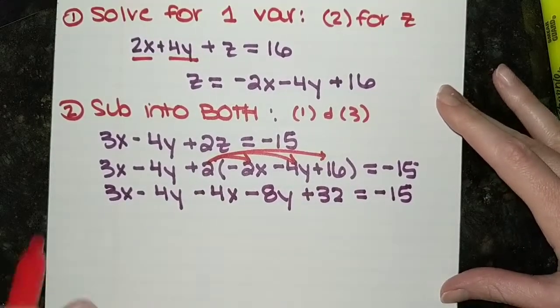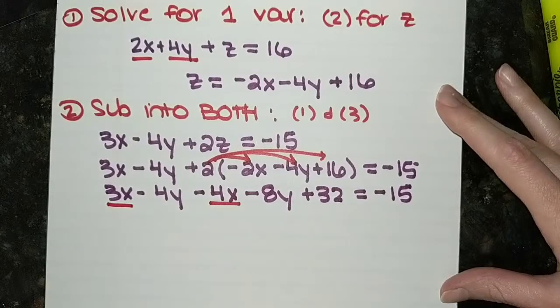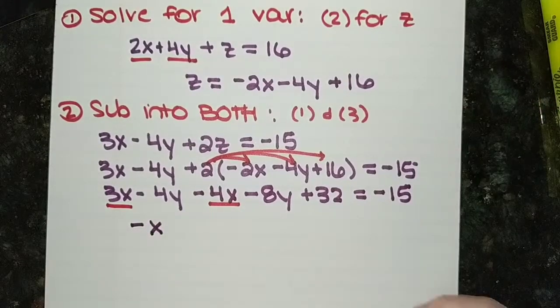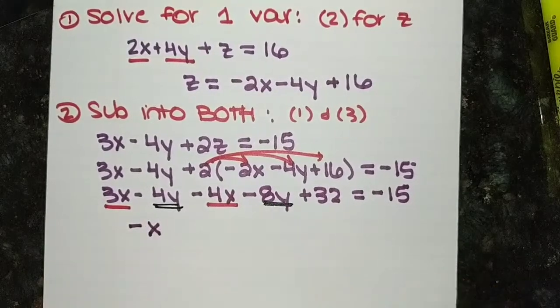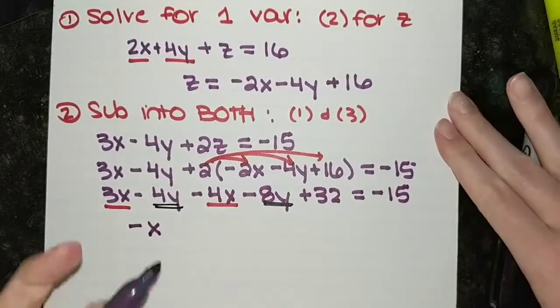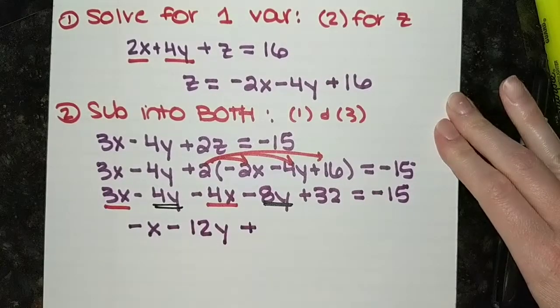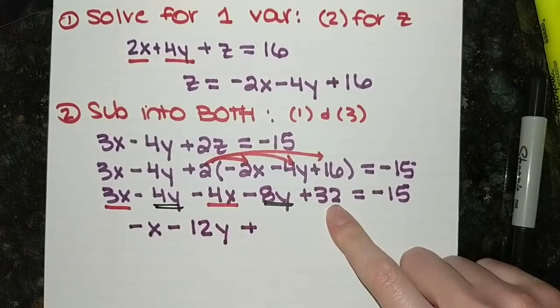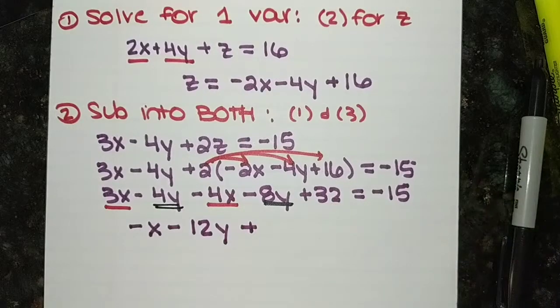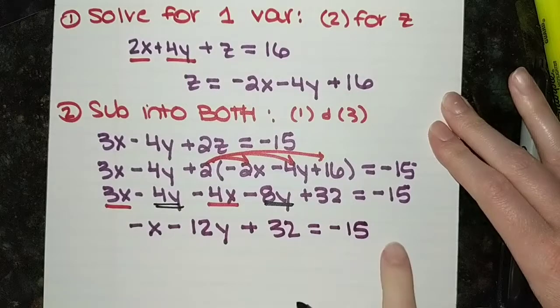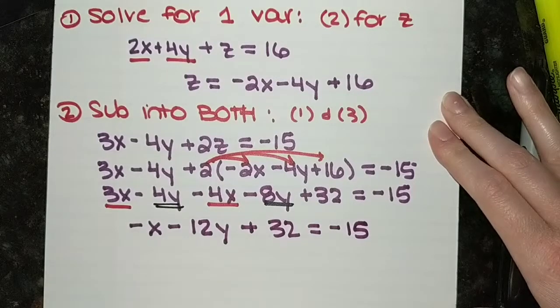You'll notice you have a 3x and a negative 4x, so that gives us negative x. And then we also have negative 4y and negative 8y to get negative 12y. And then plus 32 equals negative 15. All right, so that is as simplified as it's going to get for now.